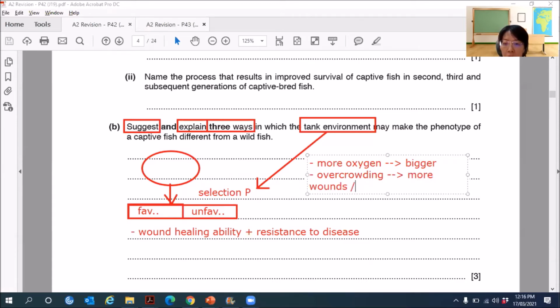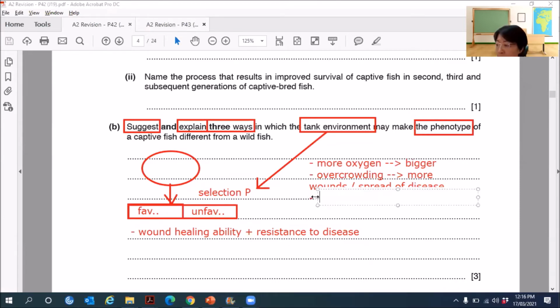And overcrowding can also lead to easier spread of diseases. These are all marked as the same marking point because they're asking for the environmental factor. So overcrowding is already one environmental factor. You have to talk about the environmental factor, and also about the phenotype it leads to. So that gives the components of a marking point.